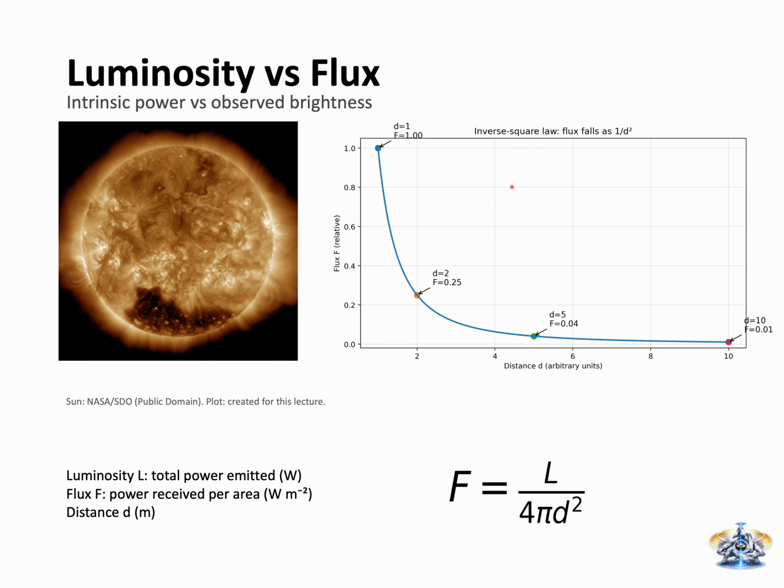If you analyze this graph carefully, it clearly shows a continuously decreasing curve as the distance increases, which means as the distance gets larger, received flux gets smaller. Therefore, the star looks dimmer.